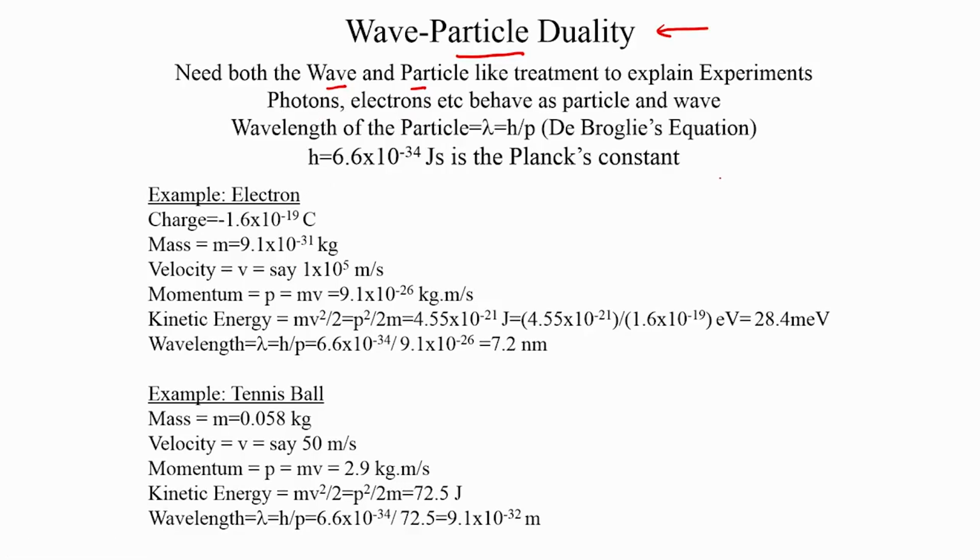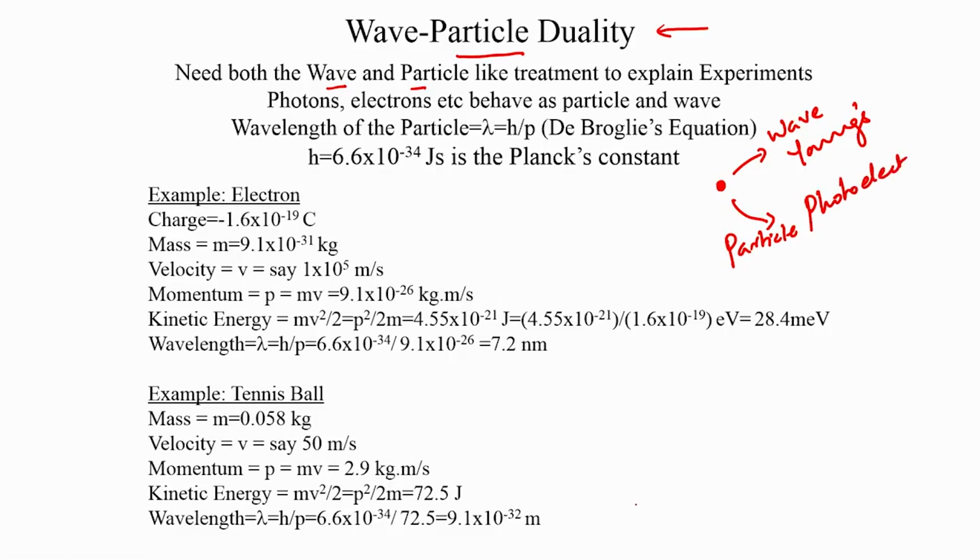So for example, if you look at the photon, we have its wave like nature appear in experiments such as the Young's double slit experiment, and we have its particle like nature appear in experiments such as the photoelectric effect.